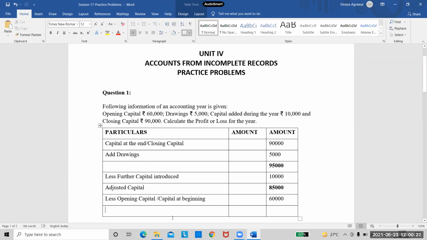It's going to be a positive answer. So that final answer will be called net profit made during the year. So the final profit is 25,000. That's it. So this ends my problem.